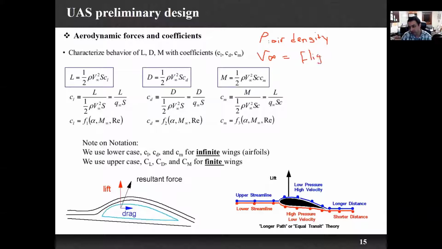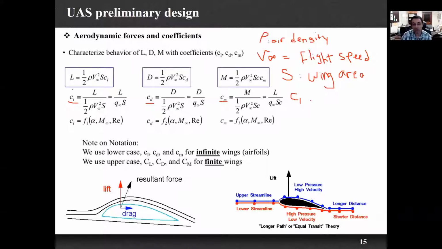So we can have different speeds. The S is the surface area of the wing, or the wing area, that I showed you how to calculate. And we have eventually CL, which is the lift coefficient, CD is the drag coefficient, and CM is the moment coefficient.